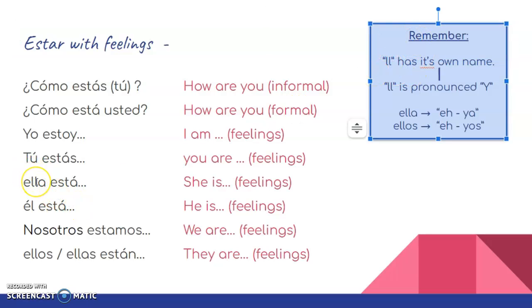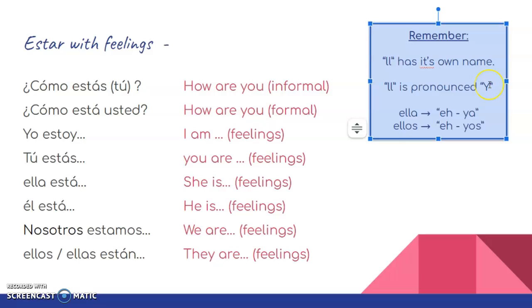Look at this word, ella. And ellos. Ellas. What did you notice about that double L? How am I pronouncing? Am I saying Ella? No, I'm not. I'm not saying Ellos either. Notice that the double L actually has its own name. It used to be recognized as its own letter, but then they decided that actually it is two letters, but it has its own name, and it's called the elle.